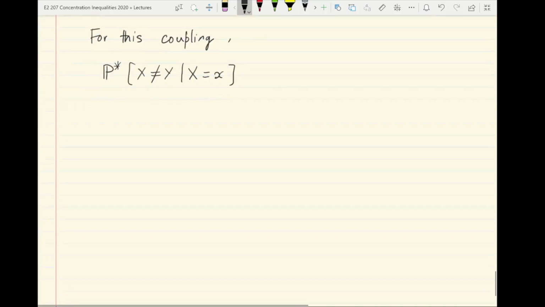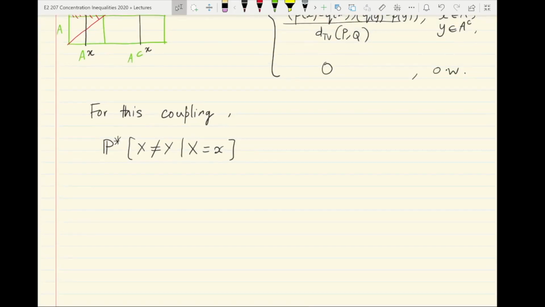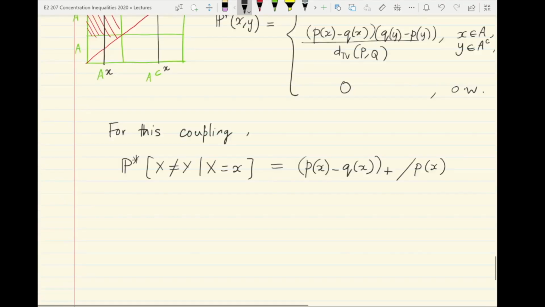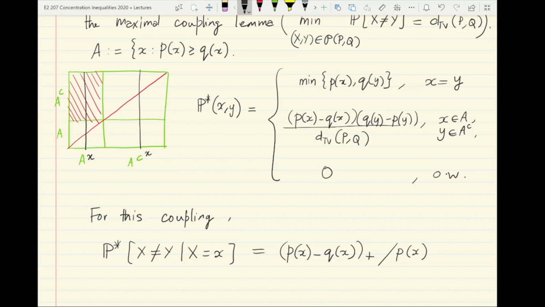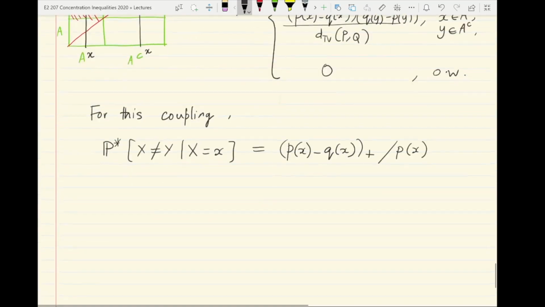So this can only be non-zero if small x lies in A. By our construction, it is (p(x) minus q(x))_+ divided by p(x). So if you look at the first vertical black line here, the probability that Y is not equal to x given x is equal to small x is simply the probability on the segment in the northwest corner divided by the total probability of this vertical line, which is p(x), and that's exactly what we've written.